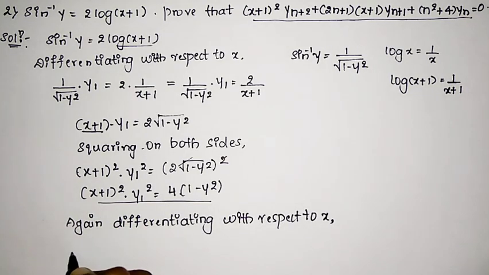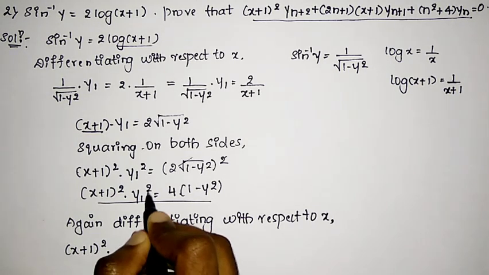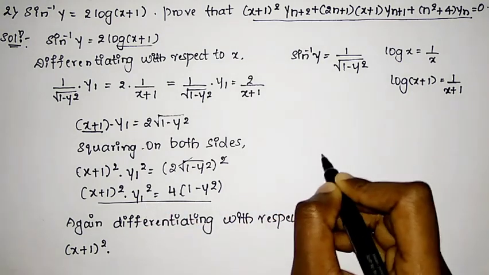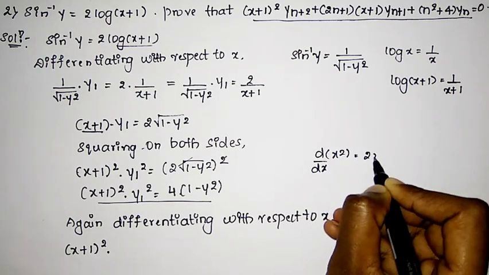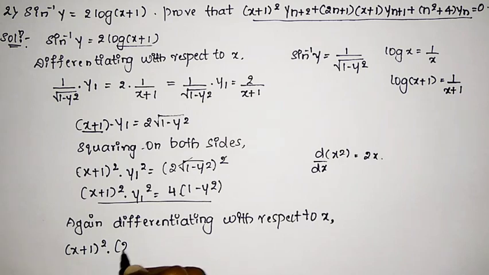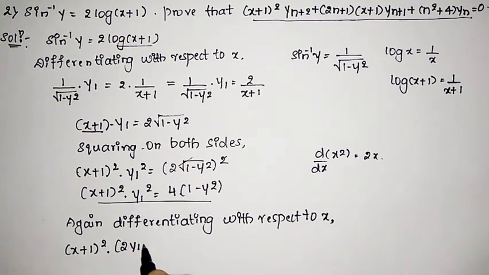We can write it as x plus 1 whole square into, differentiation of y1 square is 2 into y1 into, differentiation of y1 is y2, plus keeping y1 square as it is.